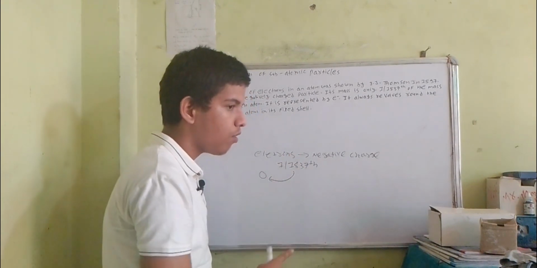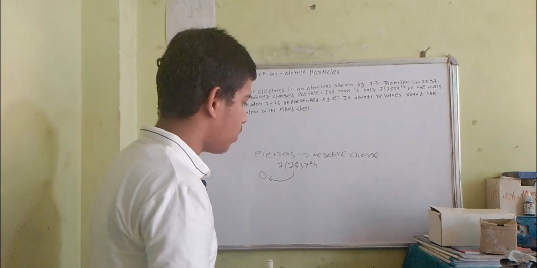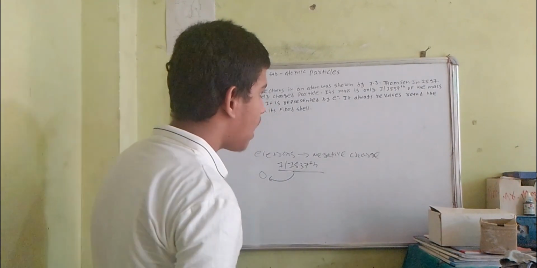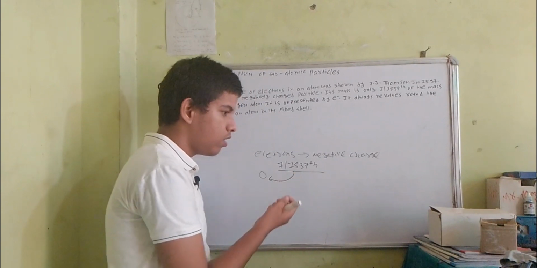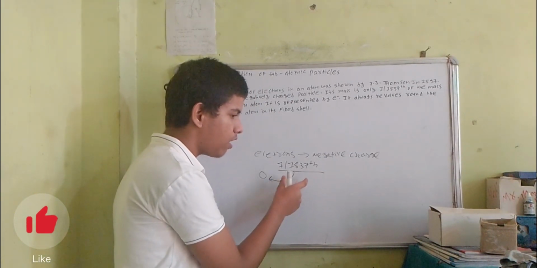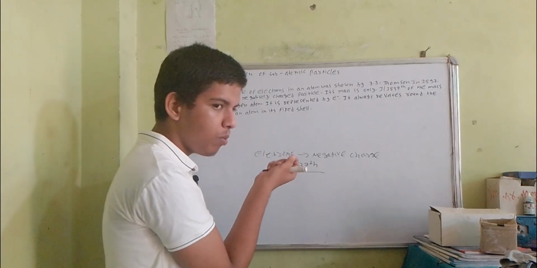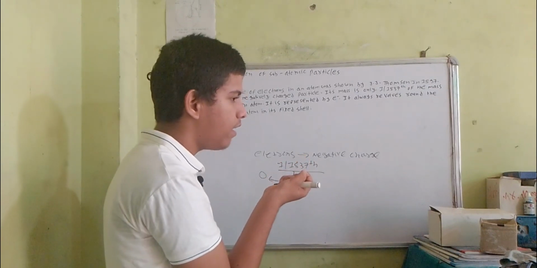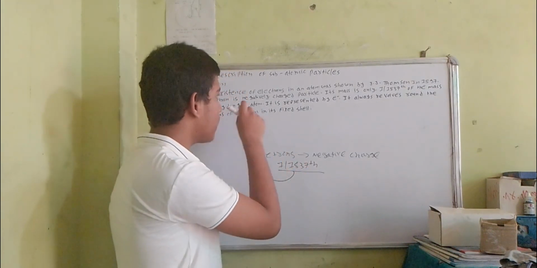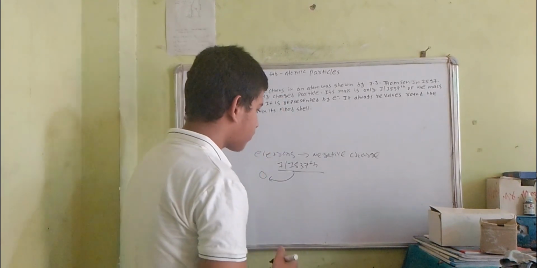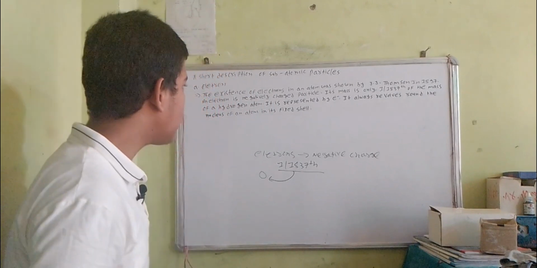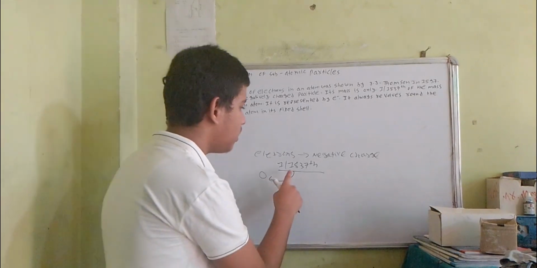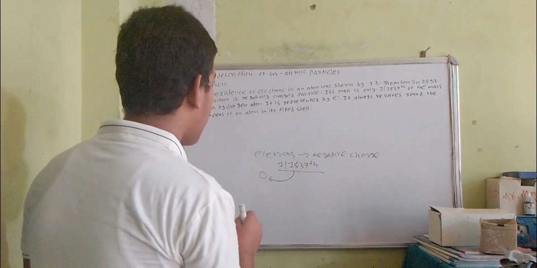The mass of an electron is 1/1837th of the mass of a hydrogen atom.